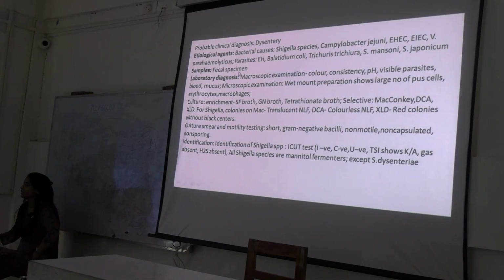Fecal specimen, you will again perform macroscopic examination, you will see that it adheres to the container, it has blood and mucus. And preparation of the wet mount will show you that there is no pus cell. Okay. What about culture?